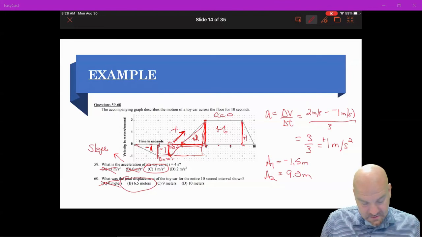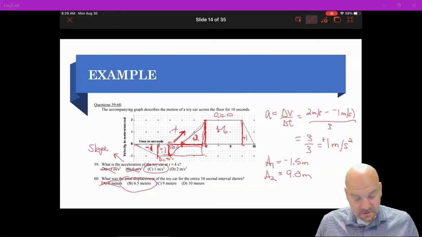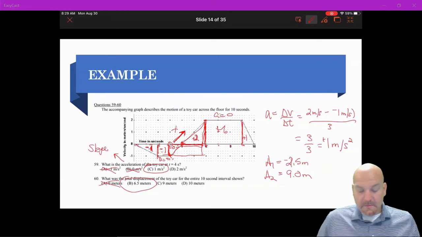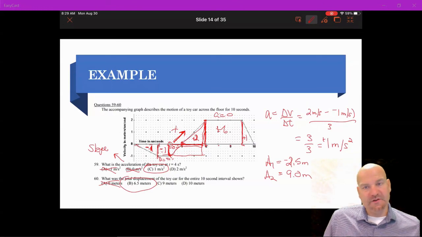So there must be a mistake: it's -2. Oh, silly Mr. Londa. That should be -2.5, not -1.5. Okay, so that is how we interpret a velocity versus time graph.